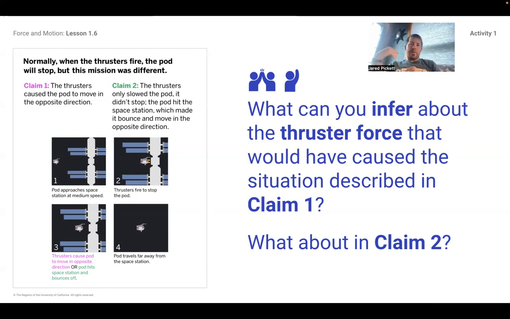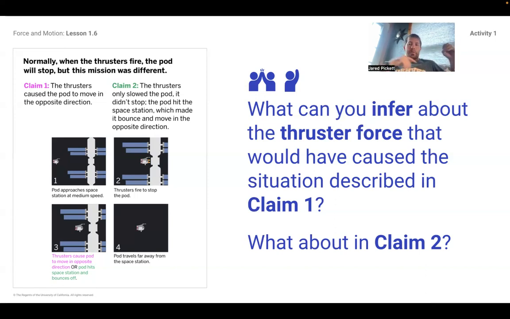What can we infer without knowing, right? What can we infer about the force in claim 1 as compared to the force in claim 2? I'm hoping what you'll think about is that the thrusters in claim 1, that force was larger because it caused the pod to move in the opposite direction.